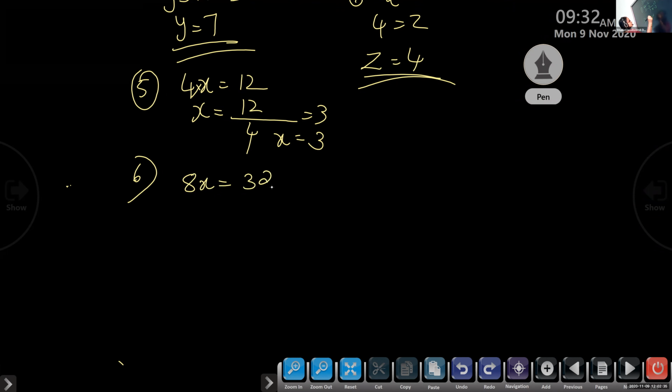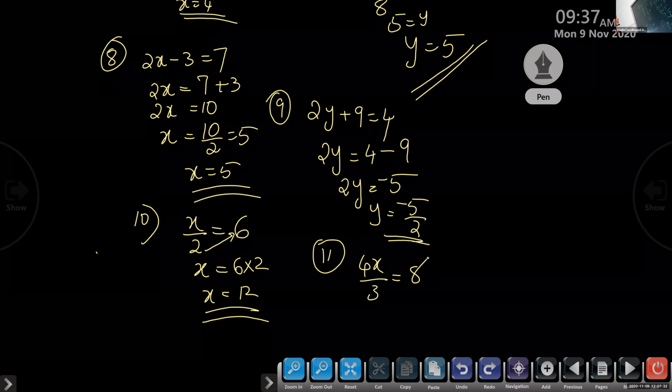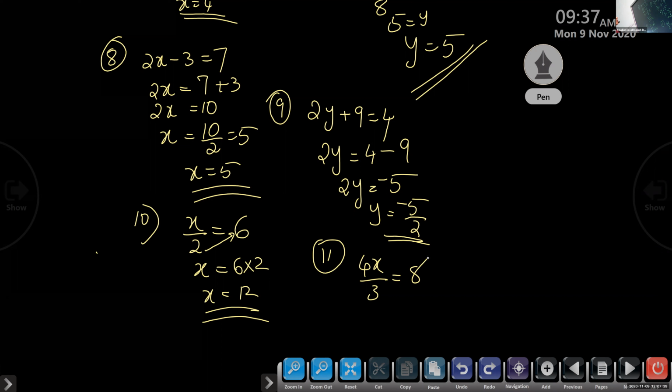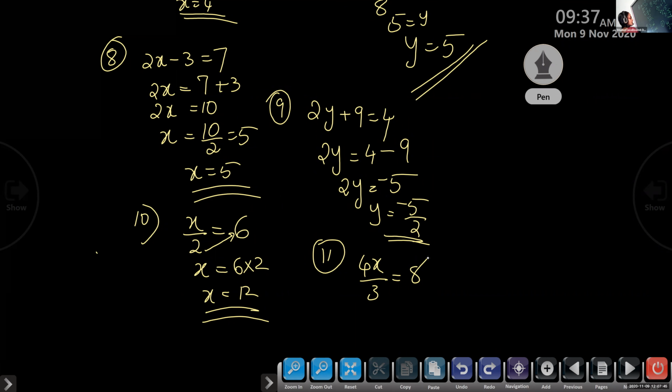Next one. 4x by 3 equal to 8. First part, we will do 4x equal to 8 into 3.